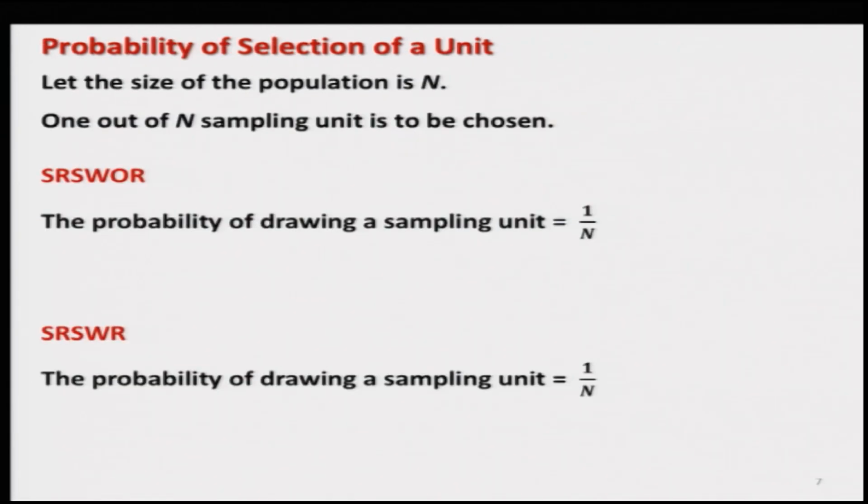Okay. So now I come to computing different types of probabilities. First, I compute the probability of selection of a unit, but before that, let me clarify one thing. I am going to compute two types of probabilities: one is the probability of selection of a unit, and another is the probability of selection of a sample.